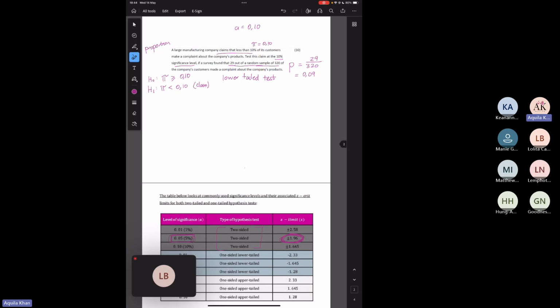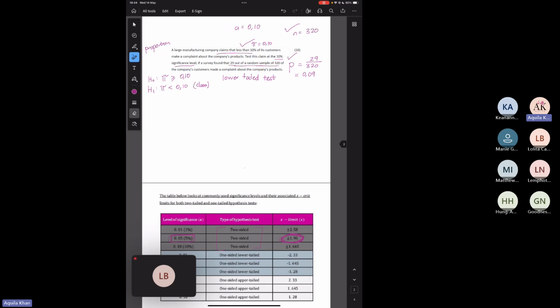So this is your value of P. And they also told you here that the sample size is 320. They said out of the sample of 320. So I'm going to say here that n is equal to 320.